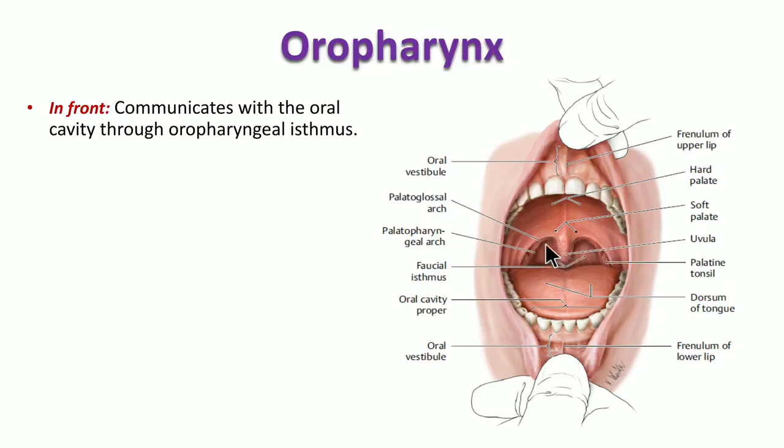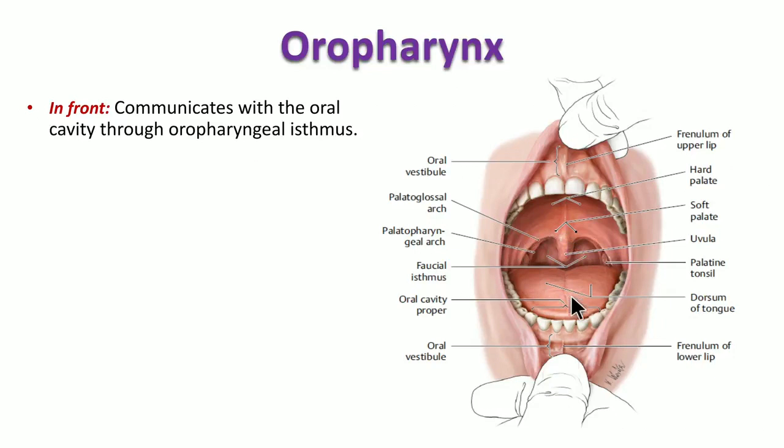Behind, the nasopharyngeal isthmus, the palatopharyngeal arch we have seen. This is the palatoglossal arch. It is formed by the palatoglossal arch and by the posterior one-third of the dorsum of the tongue, palatoglossal arch on either side, and above by the soft palate.